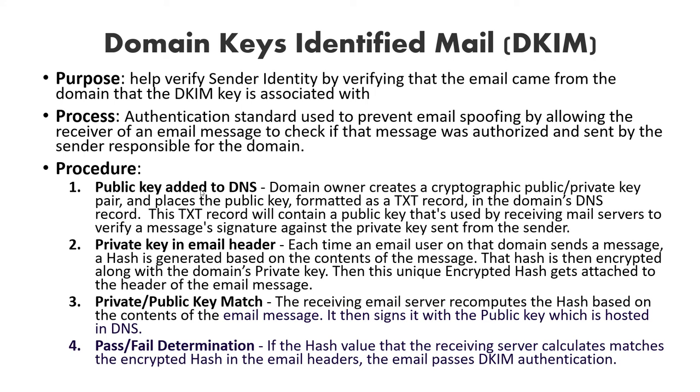So SendGrid has the private key, and they have that because they're sending the actual emails. That signature is then put into that hidden email header that we showed you before. It's hidden, it's there, but you can't see it. And each time an email user on the domain sends a message, a hash is generated based on the contents of the message.